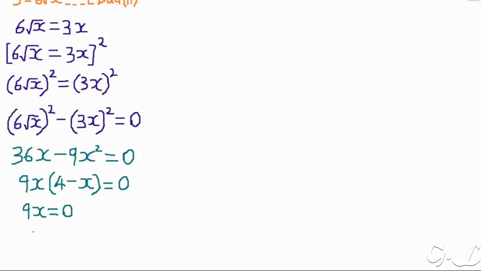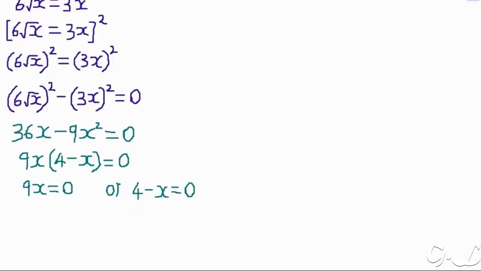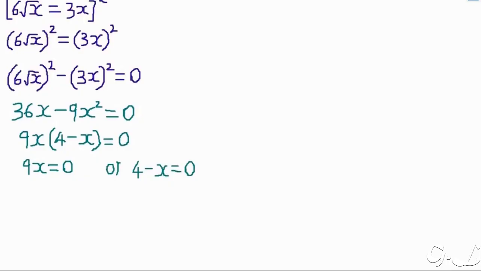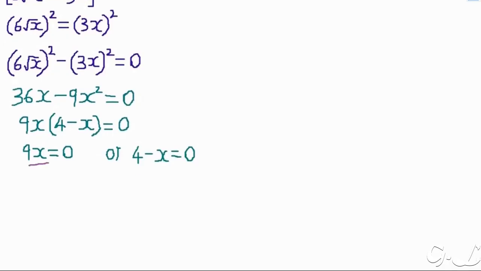And then when we use the factorization method, we have to take note that 9x is equal to 0, since 9x is just outside the brackets and does not have any other partner. So we're going to say 9x is equal to 0, or, since there are two values of x, 4 minus x is equal to 0.